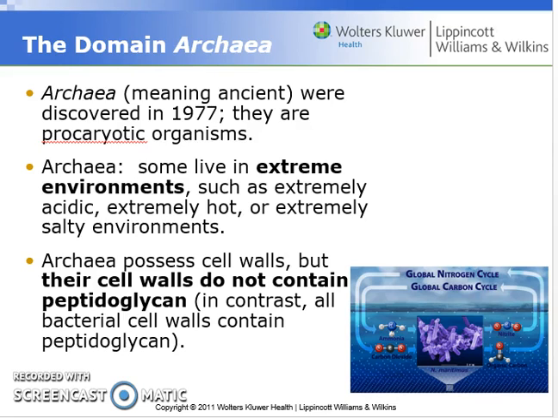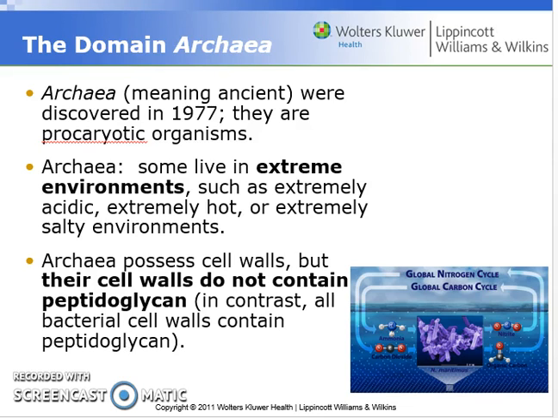So many members of the archaea group can withstand a lot of conditions that aren't very conventional for most organisms. Archaea have cell walls, but their cell walls lack peptidoglycan, which makes them different from bacterial cells. Because remember, bacterial cells, their key feature is that they have peptidoglycan, either a thick layer or a thin layer.